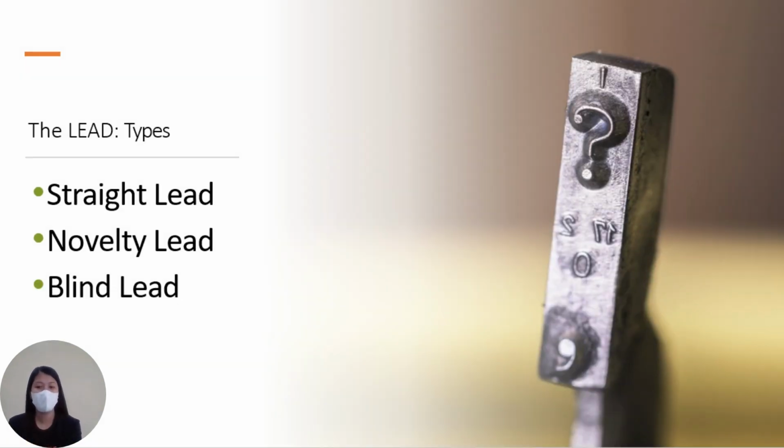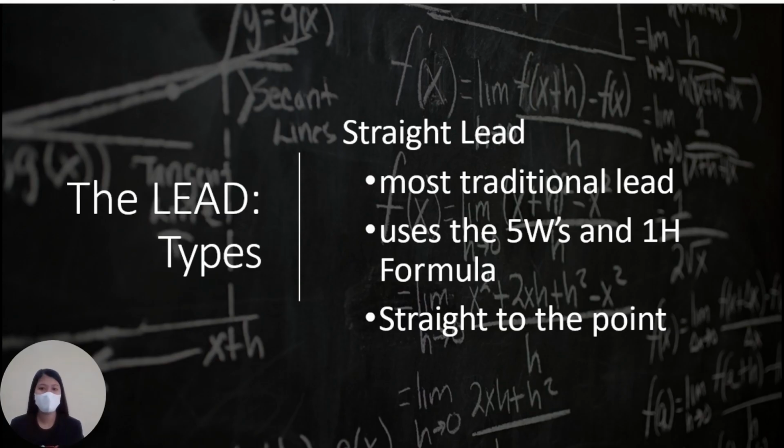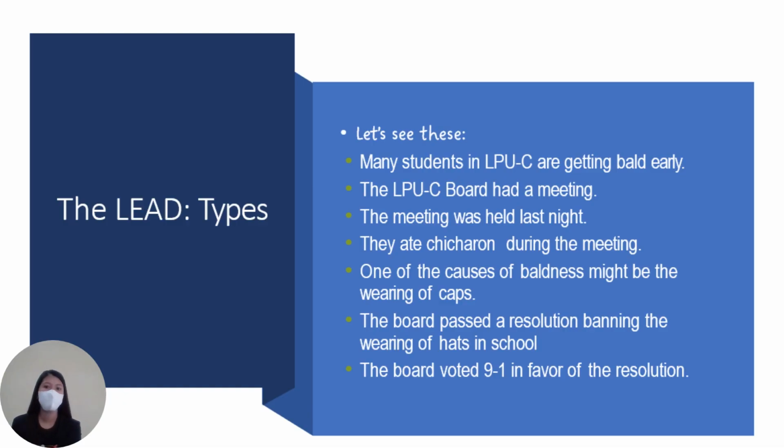So there are three types of lead: the straight lead, the novelty lead, and the blind lead. First is the straight lead. It is the most traditional lead that uses the 5 W's and 1 H formula, and it is straight to the point. It is the most common type of lead that you can read in news articles.